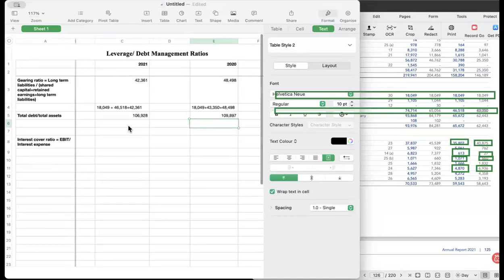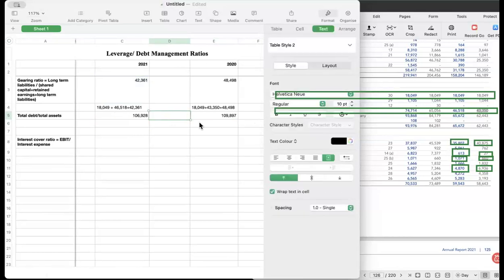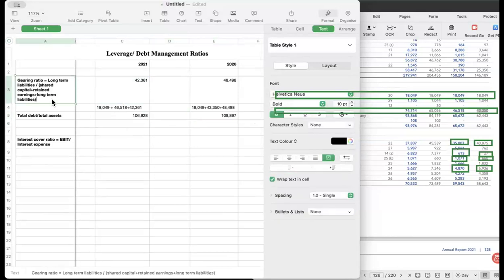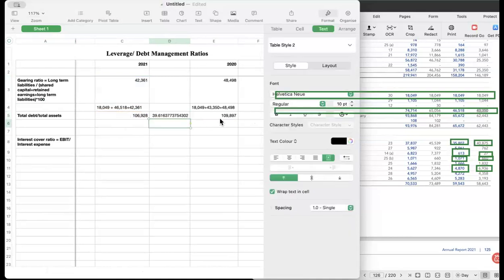Right, now let's calculate this divided by this. Sorry, I forgot to write into 100. I missed it. It's into 100, okay? This divided by this into 100.